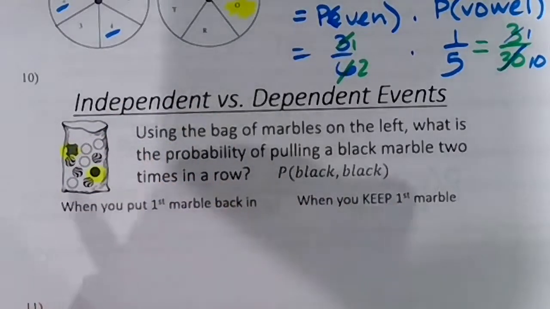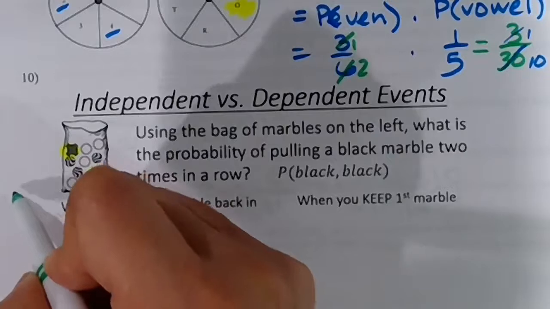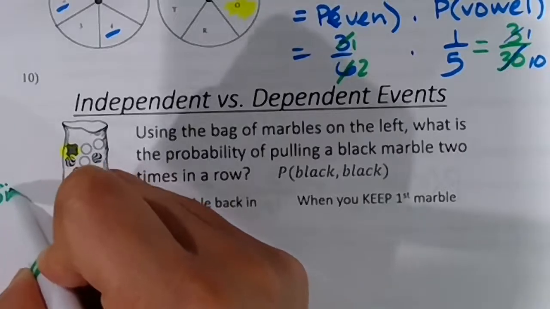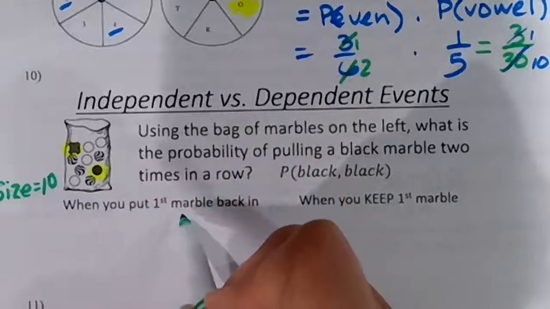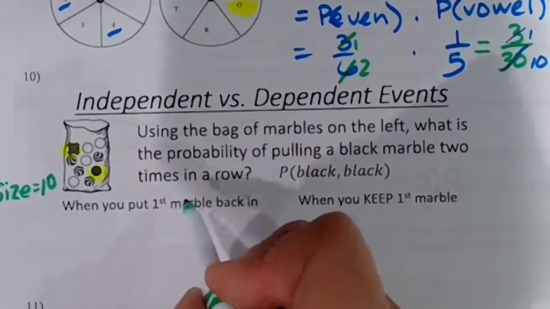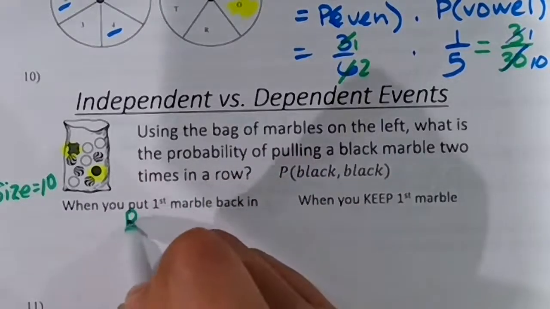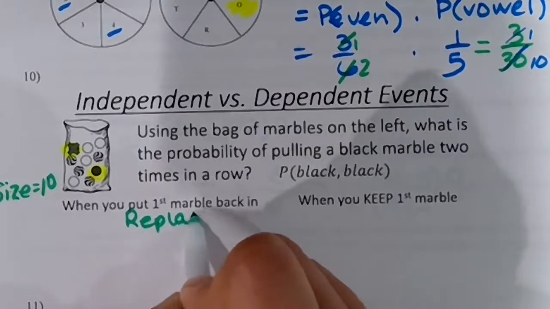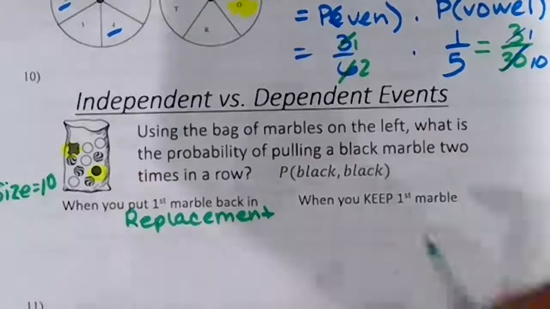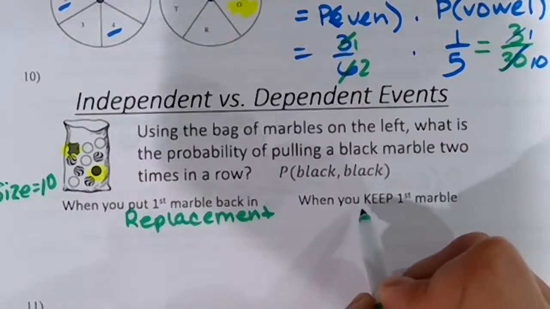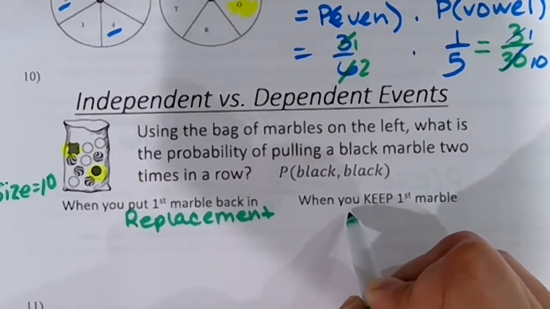So we say our sample size is 10. When you put the first marble back in, that's going to be with replacement. When you keep the first marble, that's going to be without replacement.